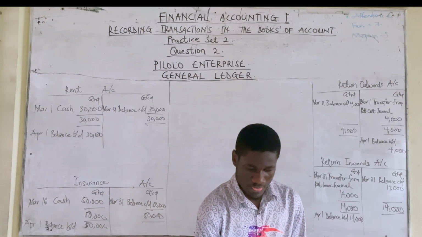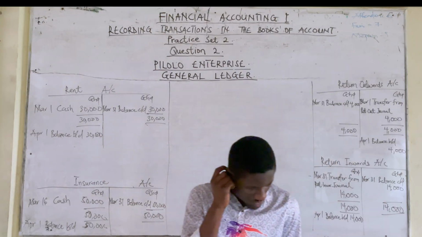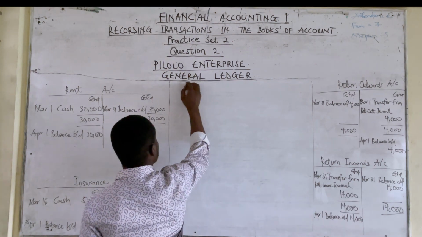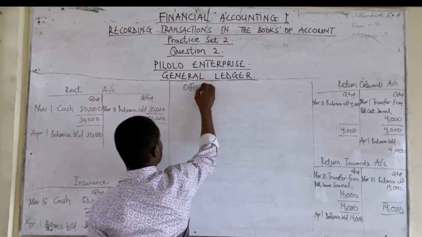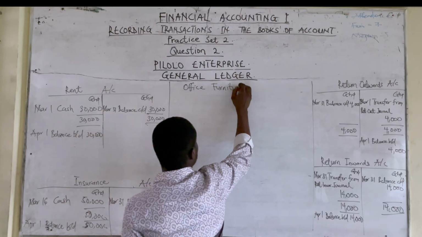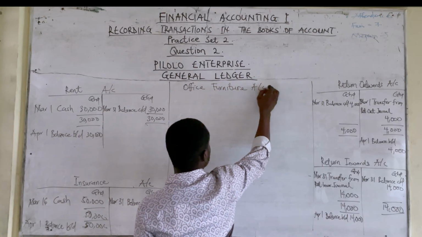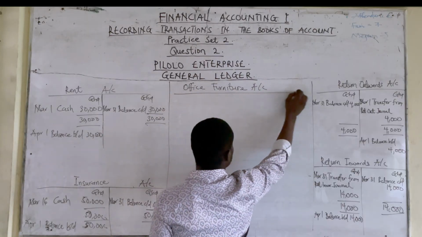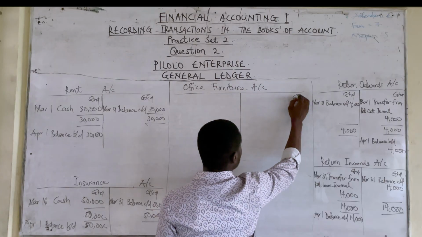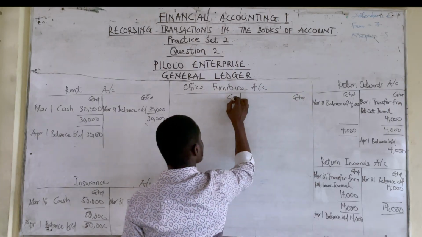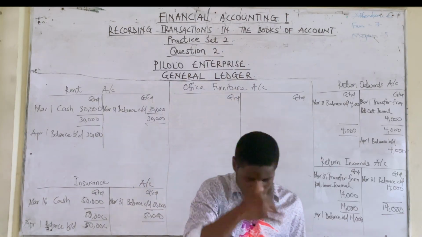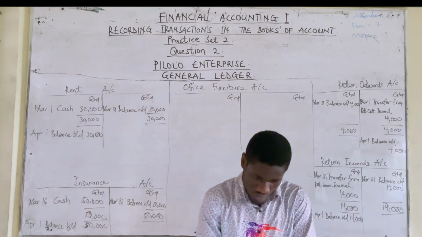We have office furniture. Good. We open our office furniture account. What transaction did we have pertaining to office furniture?